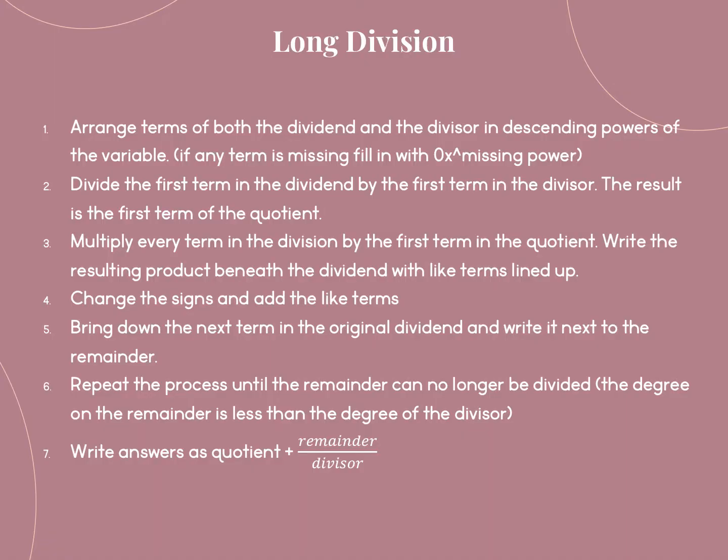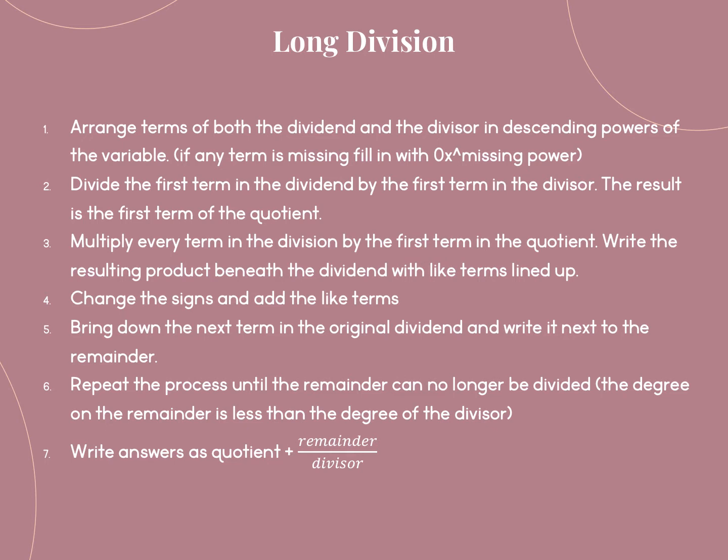Now, take a look, before I divide it has all of these words, but as we go through it, you'll get the hang of it. So again, the main thing to do is to arrange the terms of both the dividend and the divisor in descending order of powers. If there's any variable that is missing, we're going to fill it in with a 0 just to hold the place.